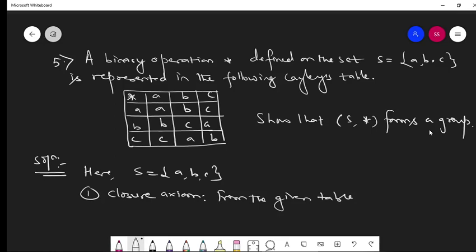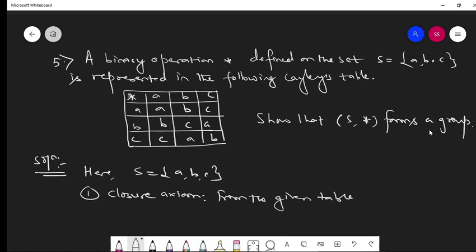A asterisk E equals E asterisk A equals A, this is the condition of the identity axiom. That's why we obtain A asterisk B, A asterisk C as ABC. The same elements we obtain. That's why A is the identity element. That third condition is also verified.